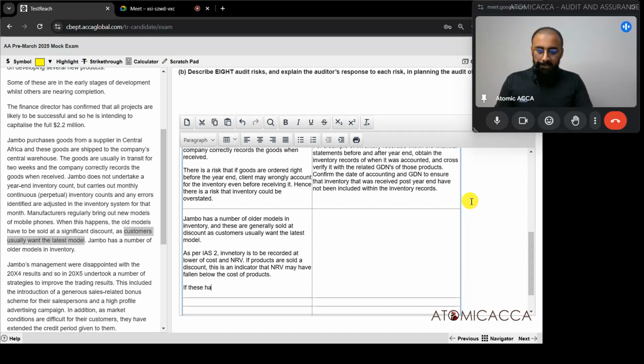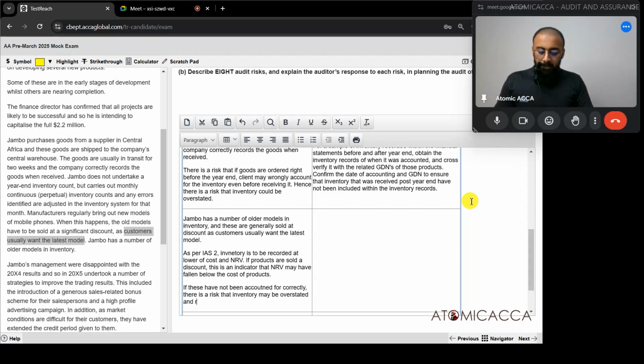If these have not been accounted for correctly, there is a risk that inventory may be overstated and write off expenses understated.